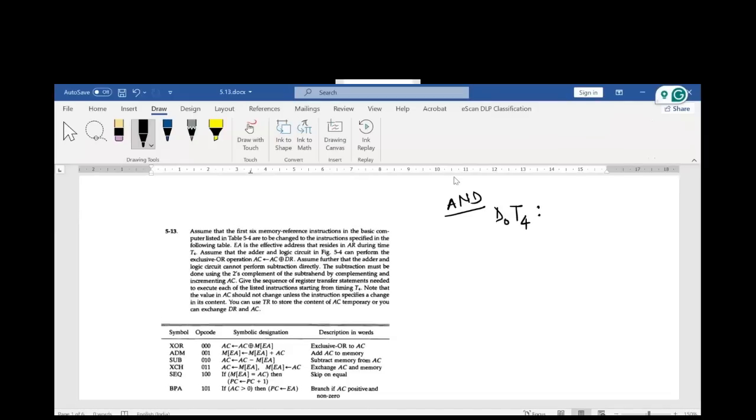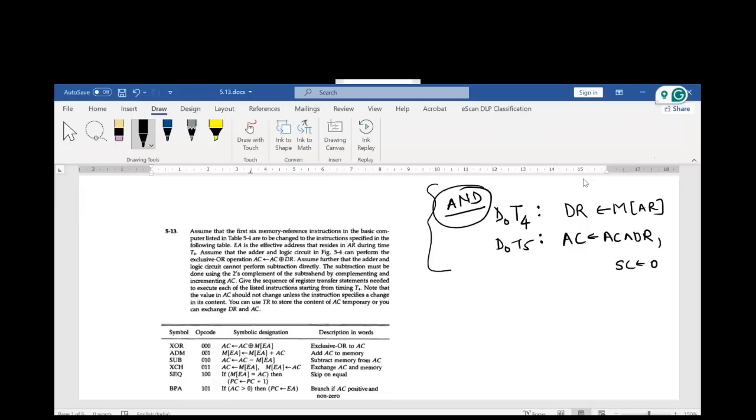We first need to bring the operand to DR. And then at D0 T5, what did we do? AC equals AC AND DR, and then we set the sequence counter to 0. So this was the sequence of register transfer statements required for performing AND.